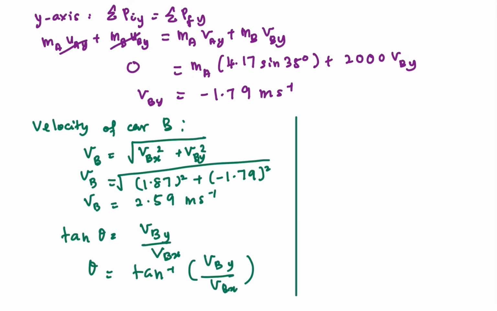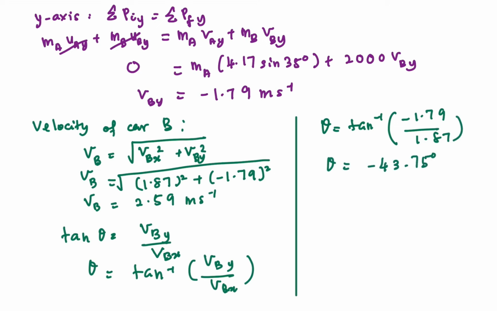Here theta will be equal to tangent inverse of negative 1.79 over 1.87. And what do you get here? Theta is negative 43.75 degrees. So now you get your direction here, and your magnitude is 2.59 meters per second.